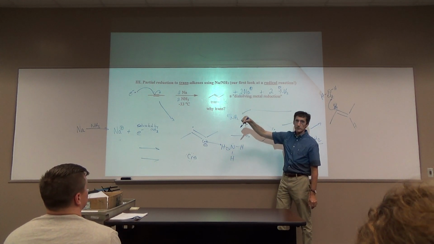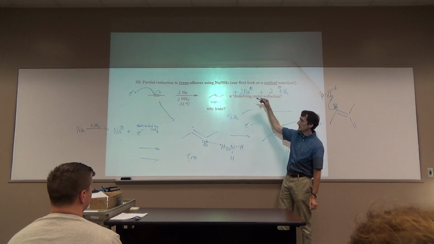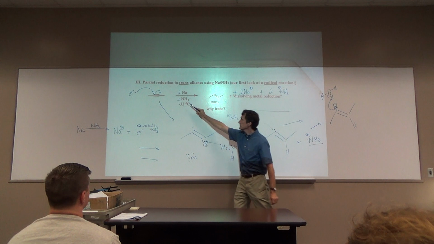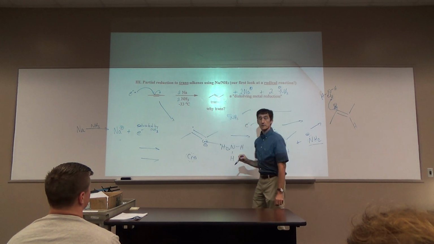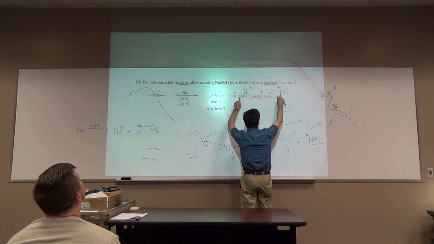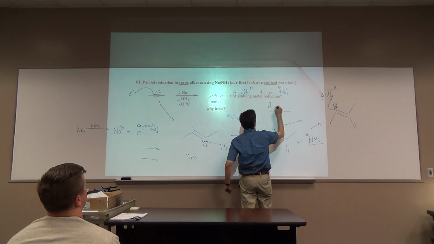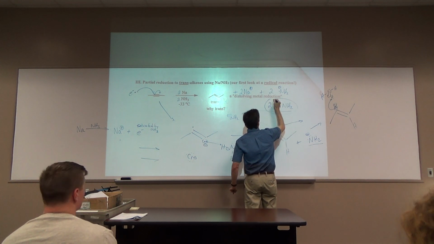But when you first put the sodium in, it's not dissolved. But as the reaction proceeds, it dissolves. These ions will dissolve in the very polar solvent. This is almost like water. Ions will be soluble in ammonia. Now, how can I show this instead of like that? I could show this as 2 NaNH2, right?